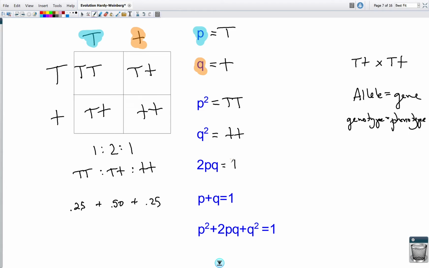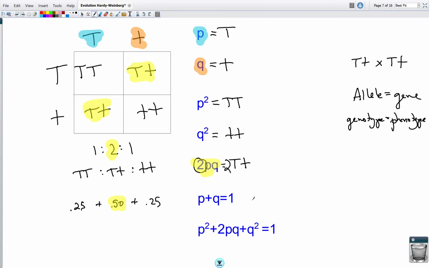2pq is the heterozygous condition, and this 2 over here comes from this 2 over here because I have 2 heterozygotes. And so I have 2 big T, little t's, because that represents 50% of my population.